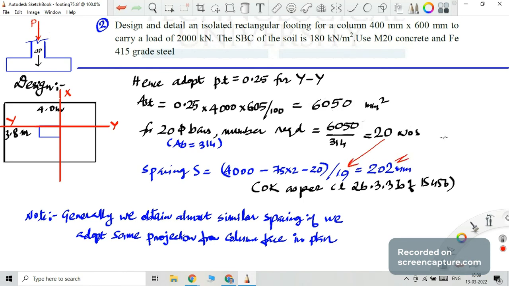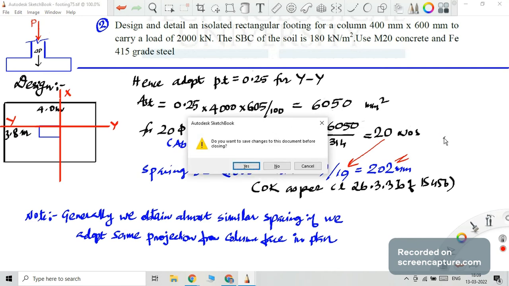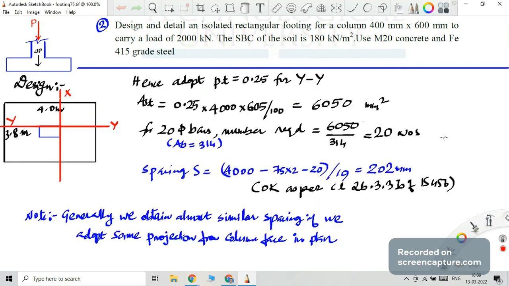so same thing. So I have told you what the advantages are. There are many advantages in selecting this projection and this projection the same. We have selected 1700 and 1700. If you don't have any space constraint in the site condition, your calculation will be very easy and straightforward, and your checking also will be very easy.